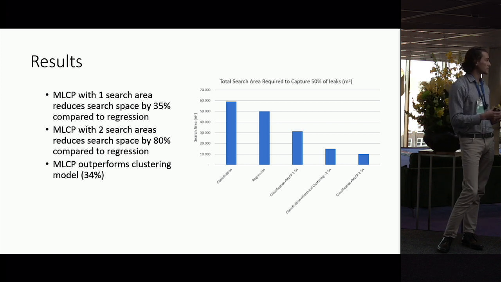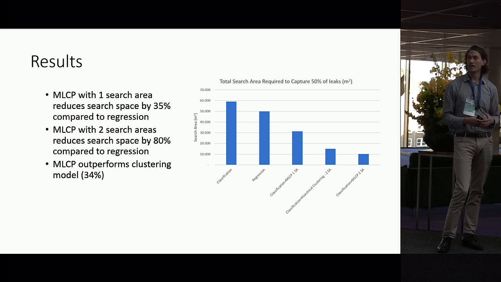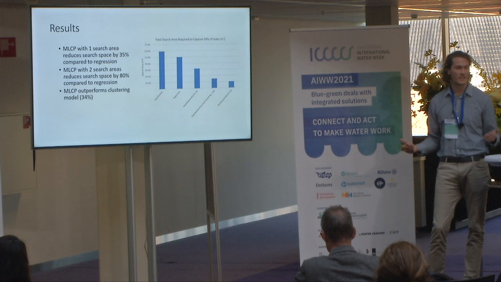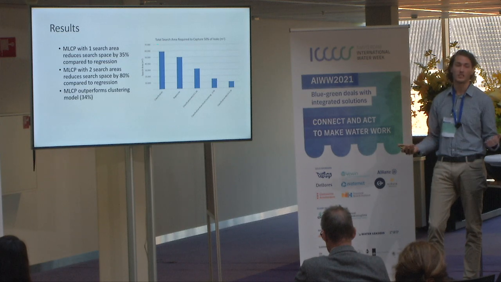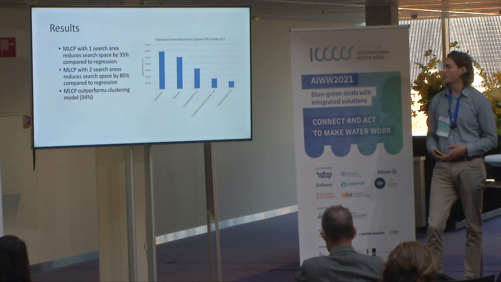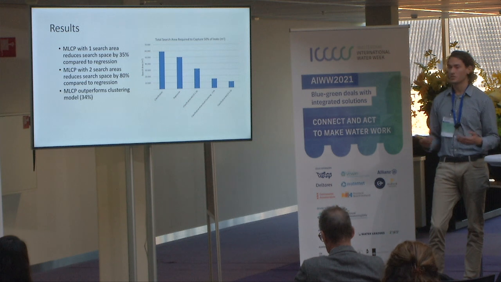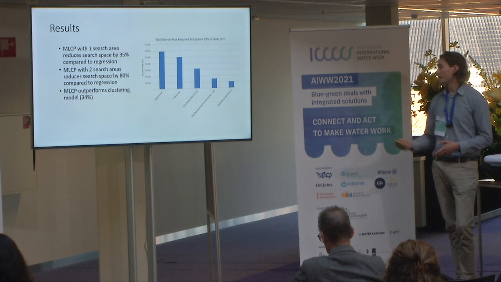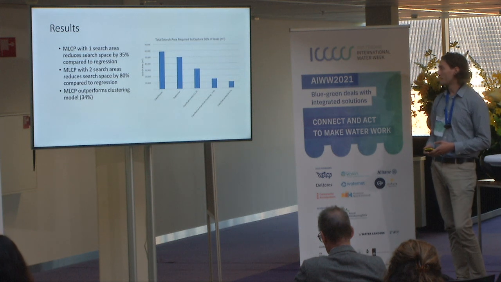If we start to expand it to two search areas, this reduces the search space significantly, by 80%. Of course, there's an added cost if you're sending two leak detection crews out to pinpoint the leak, but this could be a very big benefit if you're trying to reduce the time to find the leak event. And again, the last thing to mention is that it outperforms the hierarchical clustering model as well.